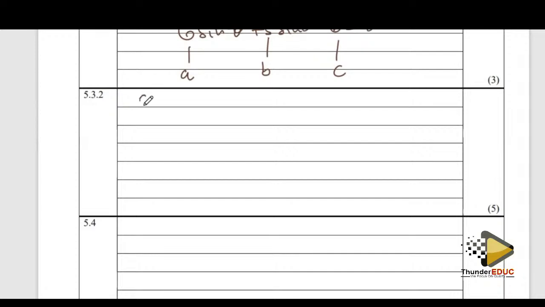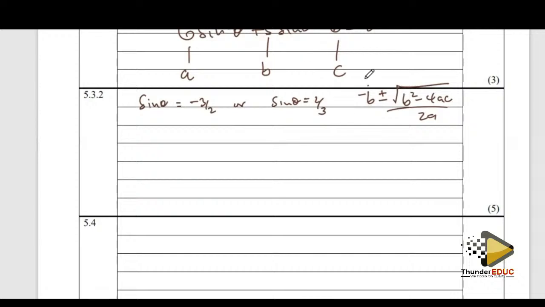So you can have sine theta as negative 3 over 2, or the sine theta as 2 over 3, after using the quadratic formula: minus b plus or minus the square root of b squared minus 4ac, over 2a. When I substitute, my b is 5, 5 squared minus 4, the a is 6, the c is negative 6, over 2 times 6. That's what I get.